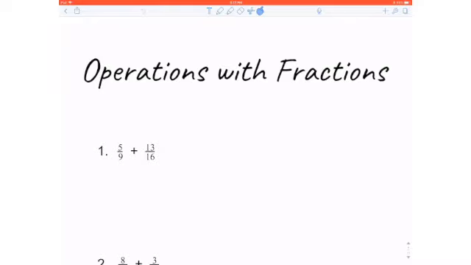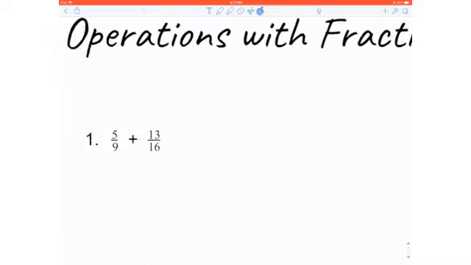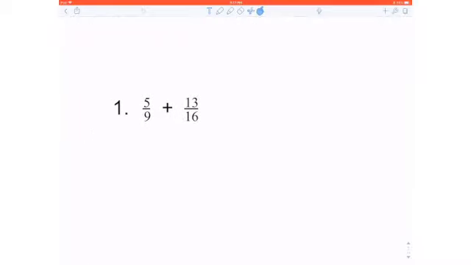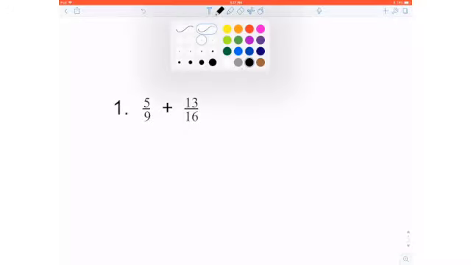When we're adding and subtracting fractions, we need to make sure that the denominator is the same. The denominator is the bottom number. Here, let's try a different color, just so it's easy to differentiate.